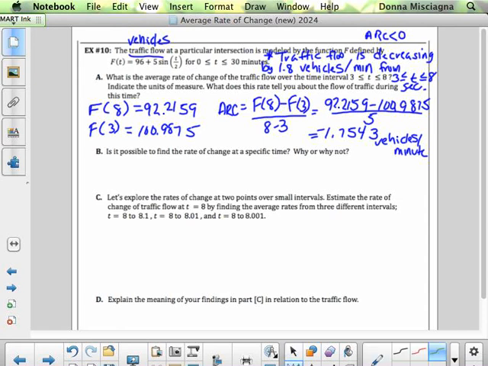You might think, oh, I rounded quite a bit, but I've got a more exact answer below. I've rounded a little bit because it's not like I can have a part of a car going through. It's not decreasing by as many as 2 vehicles per minute. It's decreasing by a little bit less than that.